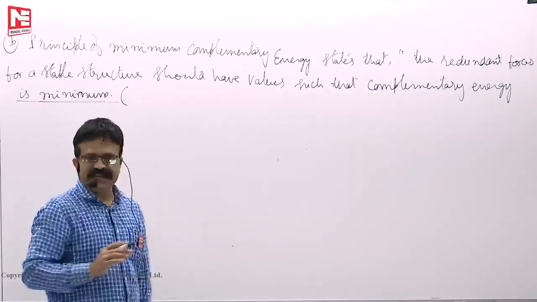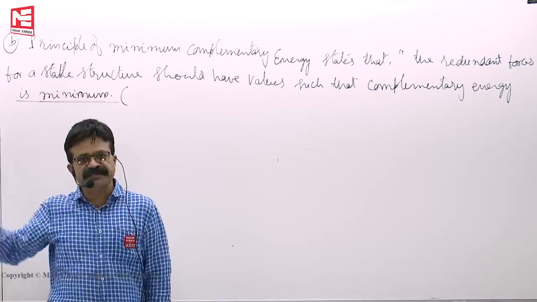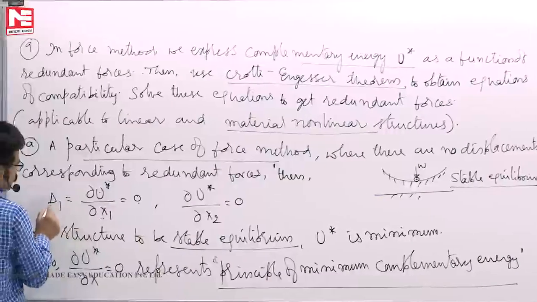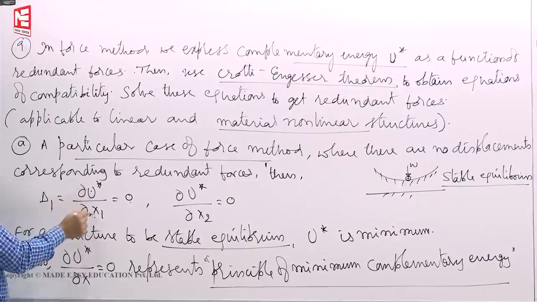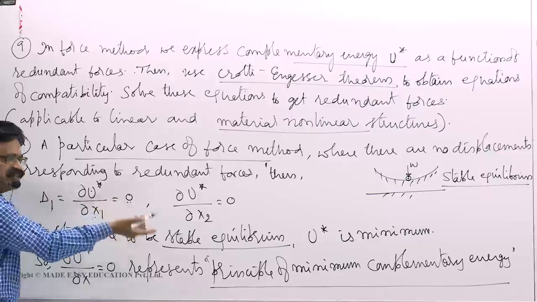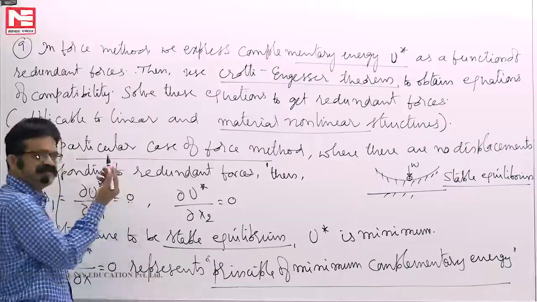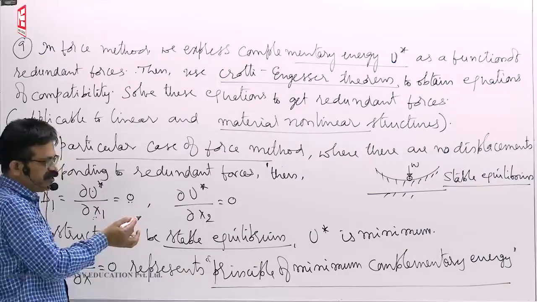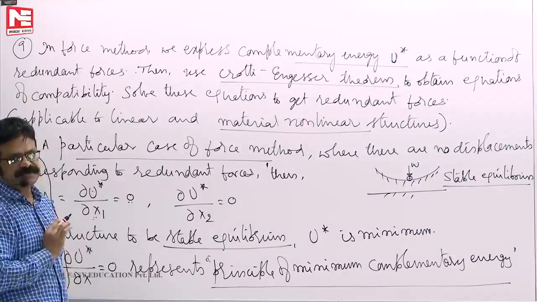If displacement is there, then dou U by dou x1 is nothing but some delta 1, the displacement at the first location. If it becomes 0, then it becomes the principle of minimum complementary energy. If not, it is simply the Engesser theorem. So minimum complementary energy is a particular case of the Crotty-Engesser theorem.